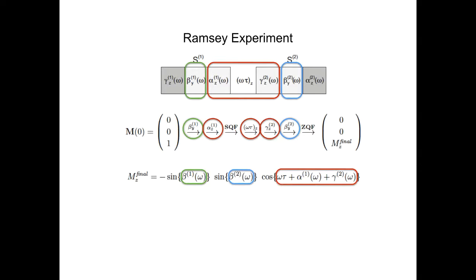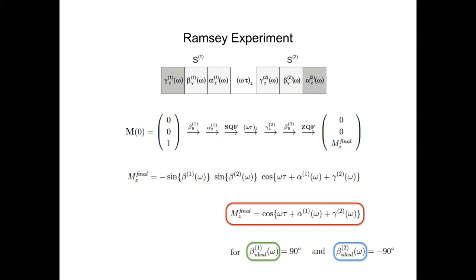So you can express your final Z magnetization as a function of the beta angle of the first pulse, the sine of the beta angle of the second Ramsey pulse, and the cosine of this overall evolution. Here appears the offset frequency omega, the first Euler angle, the alpha angle of the first pulse, and the gamma angle of the second pulse.